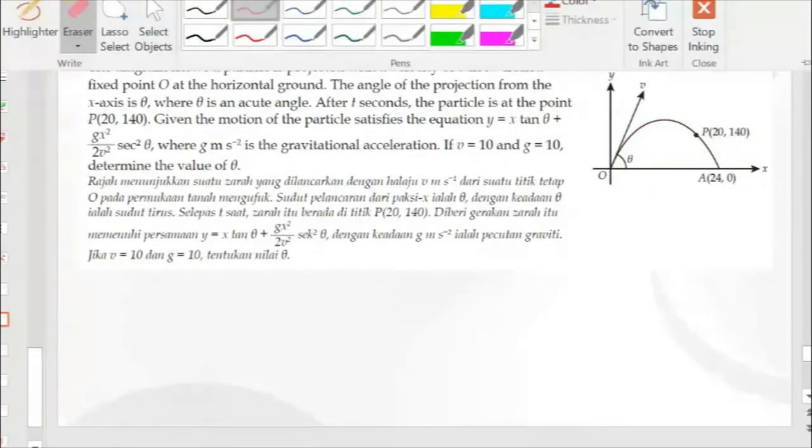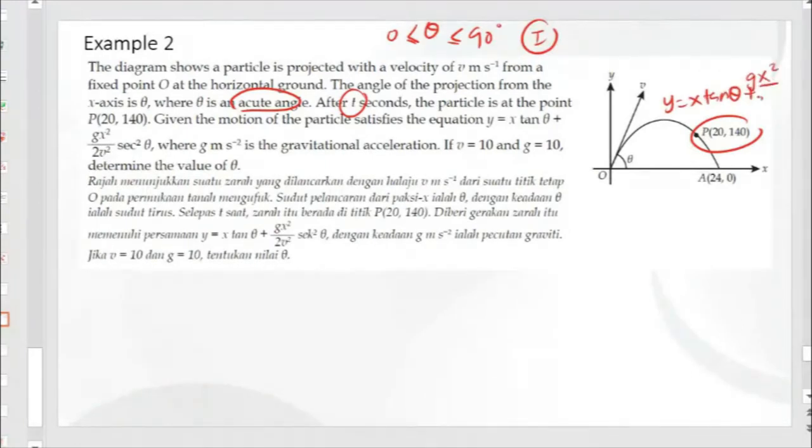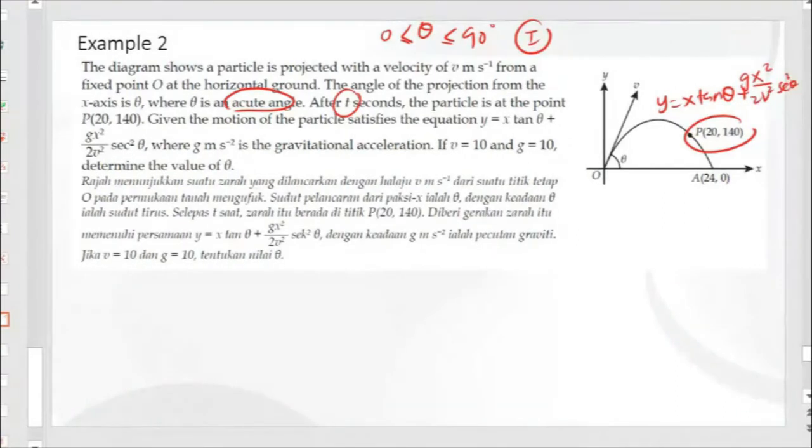So now go back to the question. Then it gives you an acute angle. So again, remember the angle is between 0 to 90 degrees. Then it is the first quadrant. Then after t seconds, the particle is at the point P. Given the motion of the particle satisfies the equation, y equals x tangent theta plus g x squared over 2v squared secant squared theta.